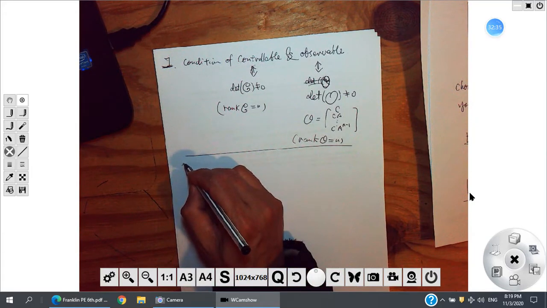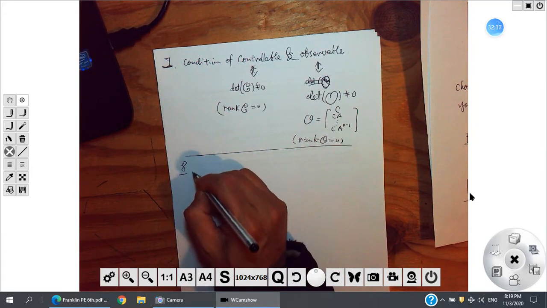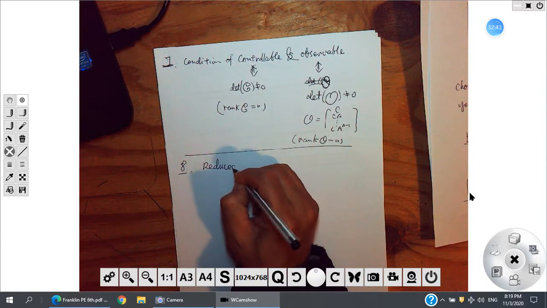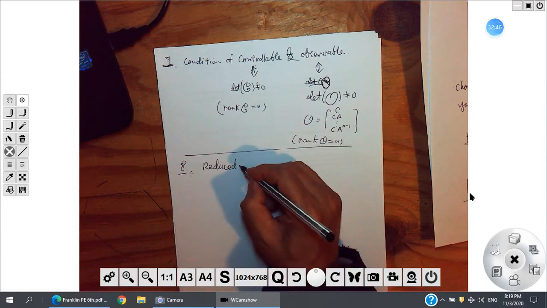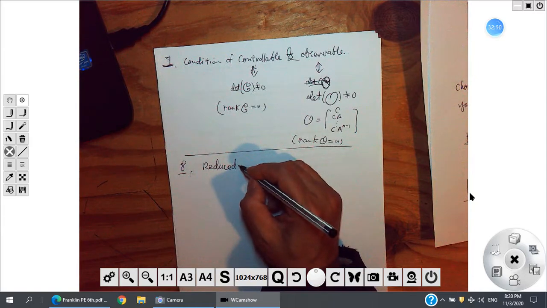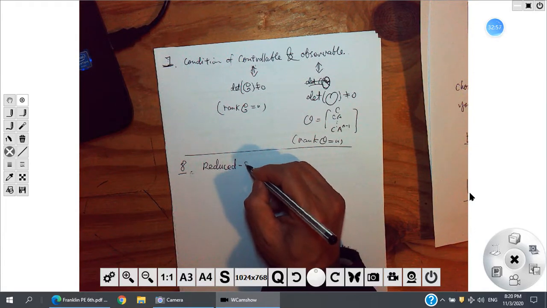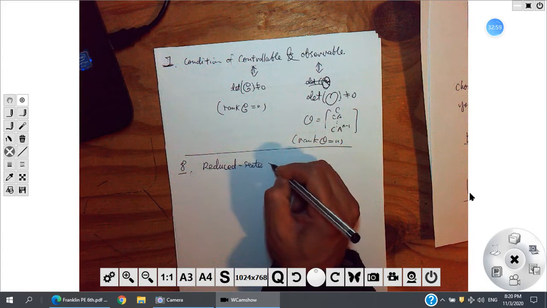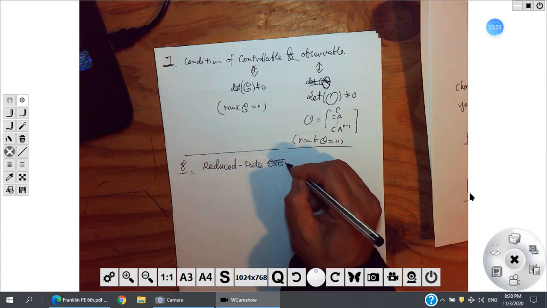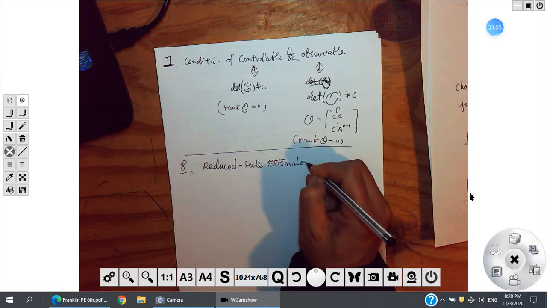Okay, then we have the next one. I think I have another one. What is that? Oh, reduced. Reduce the dimensional estimator, the reduced state estimator.